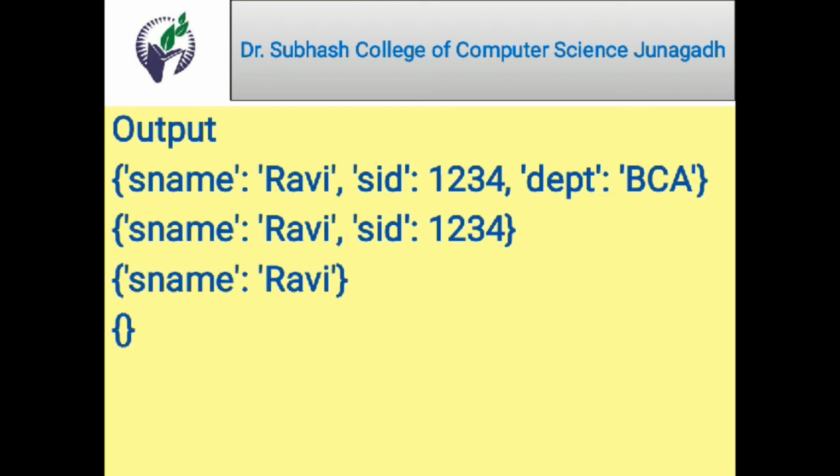After popitem again, it will display S name and Ravi, because it contains only the S name and Ravi key-value pair. After popitem again, there is no element, so it will print an empty dictionary. So we can perform this similar to pop, or we can remove a particular individual element using the pop function. Last one, to copy one dictionary to another.